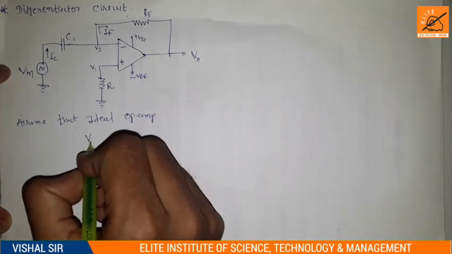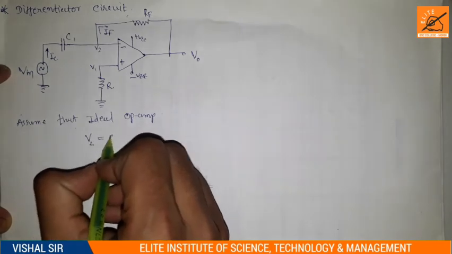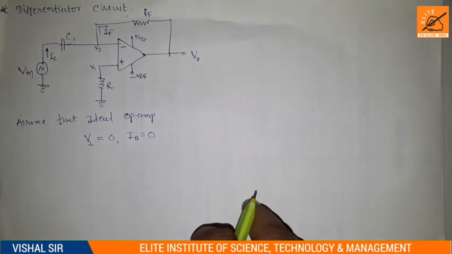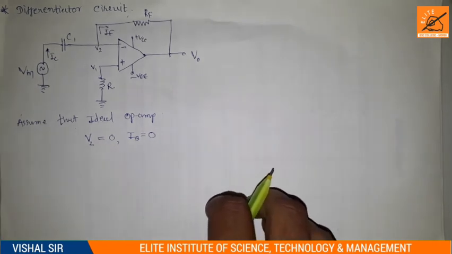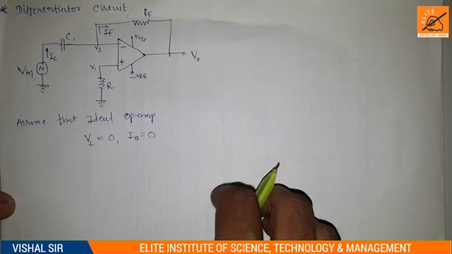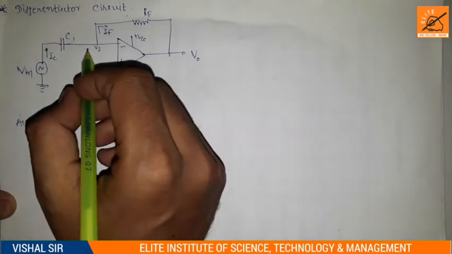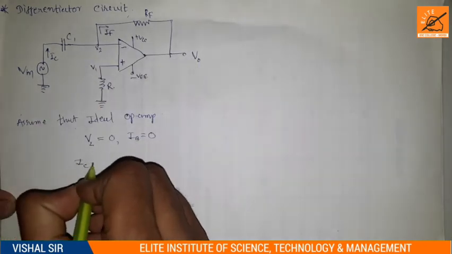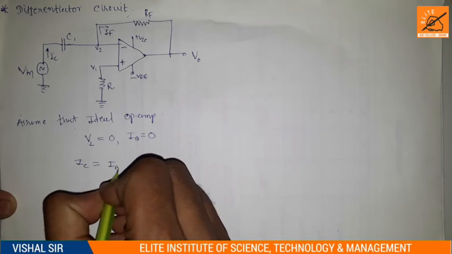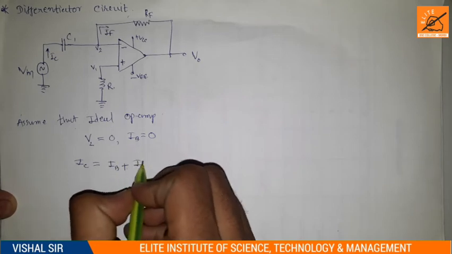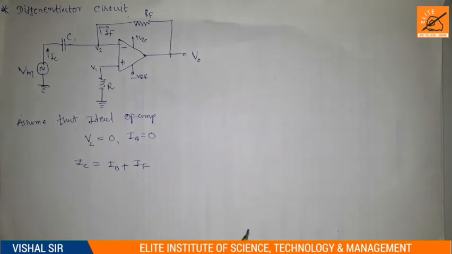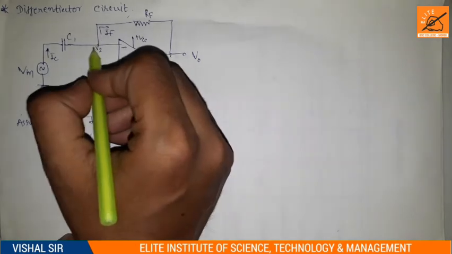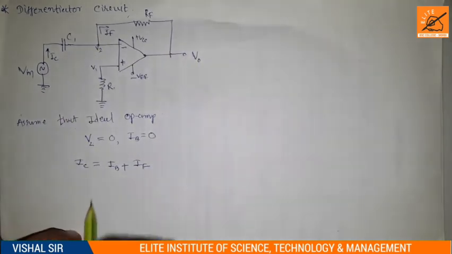It means this voltage V2 is equal to 0 and the input bias current is also equal to 0 because of the ideal op amp. So we can write, at node V2, IC is equal to IB plus IF, that is Kirchhoff's current law applied at this node.